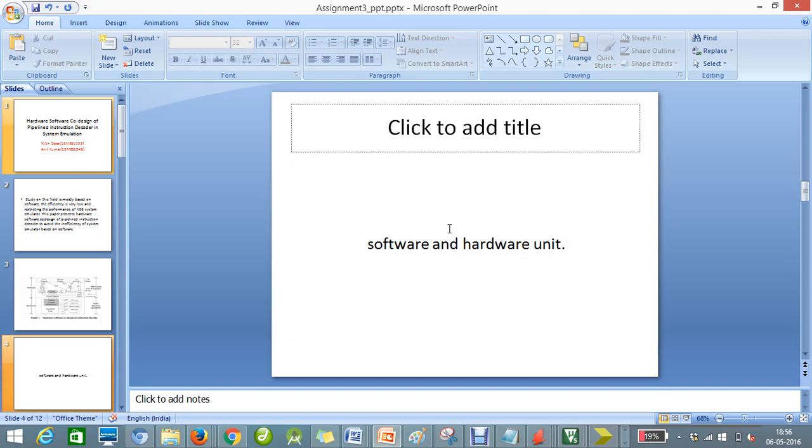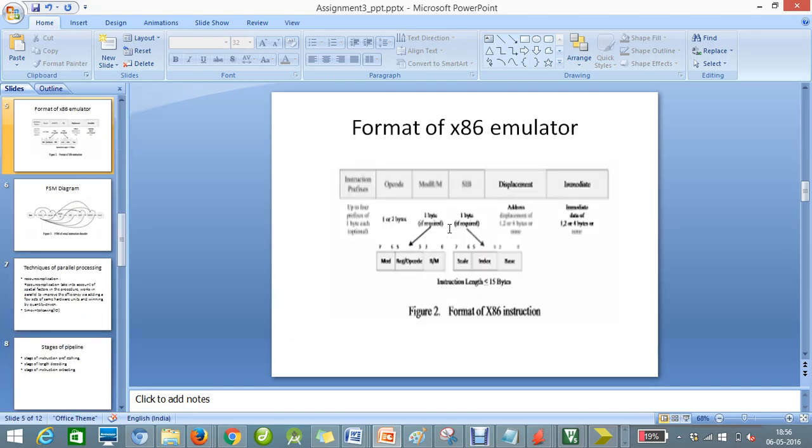This is about software hardware unit. How should be the emulator? This is the format of x86 instruction emulator. Now, as we know, most of the applications are running on x86 format or x86 processor. But nowadays, it's required that all the applications should run on other platforms also.